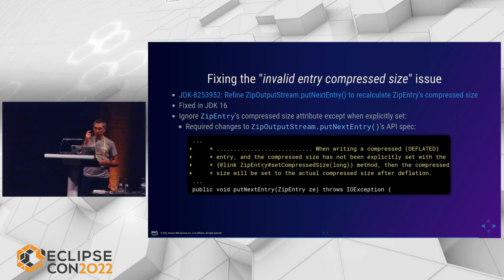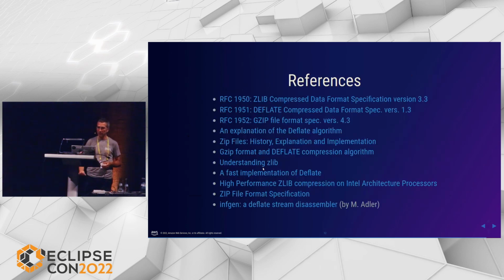And again, this required a change in the API specification, and that's why it cannot be downported to older JDK versions. This change actually leads to the case that it will output an empty local file header and then put the right compressed size into data descriptor at the end of the file.